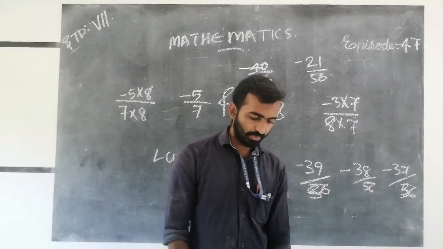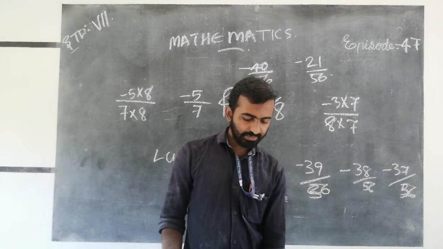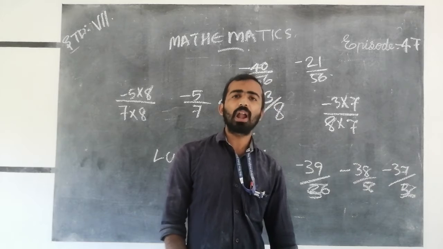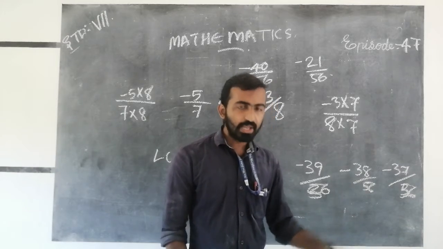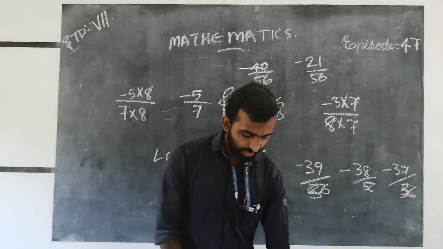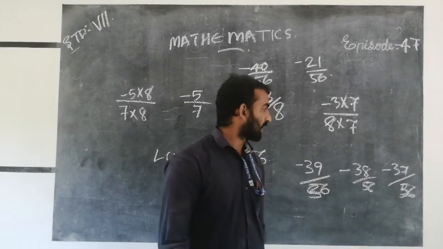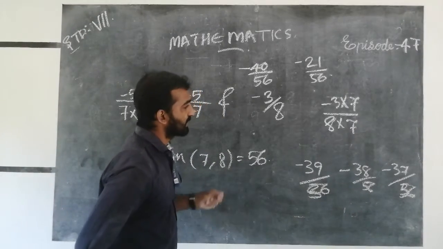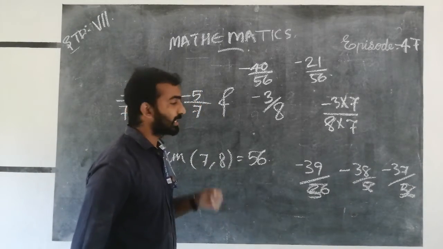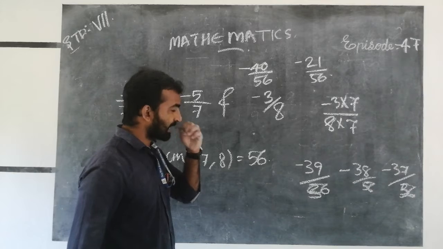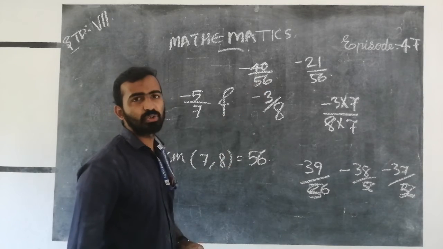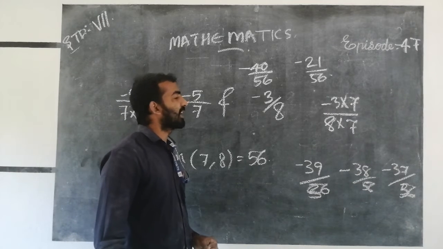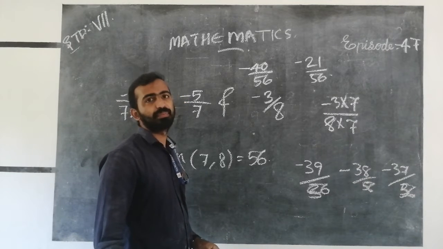For example, we get the numbers negative 39 by 56, negative 38 by 56, negative 37 by 56, also negative 36 by 56, etc., up to negative 22 by 56, which is included.